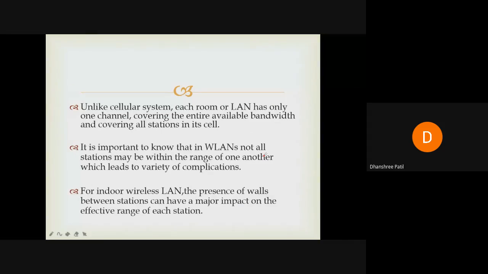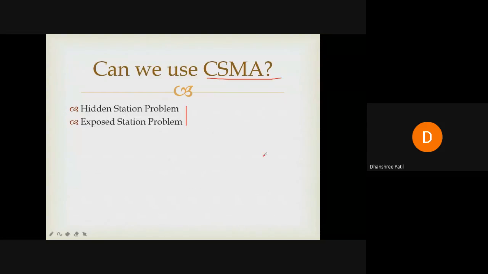One solution we have seen in case of wired communication is the use of CSMA. So can we use the CSMA concept in the wireless LAN also? CSMA is what? Before transmission, the status of the channel is checked, whether it is busy or free. If it is busy, then no transmission should happen. If it is free, only then the frames are transmitted.